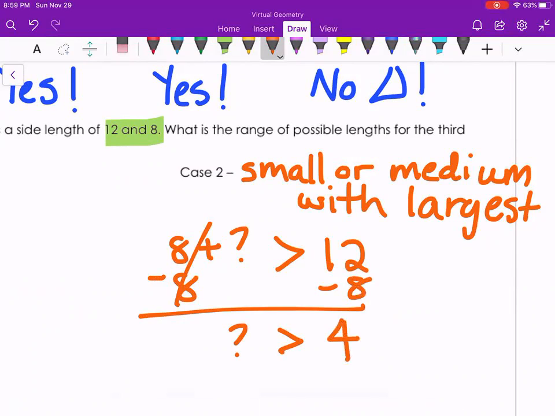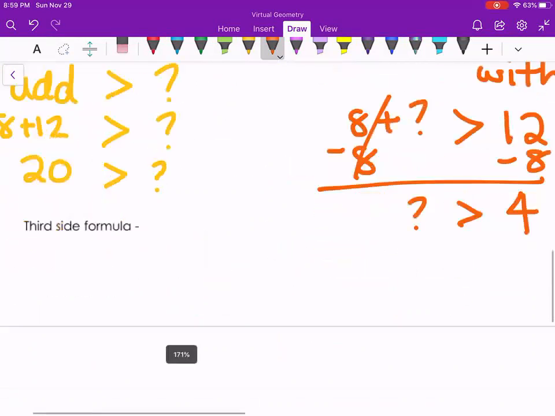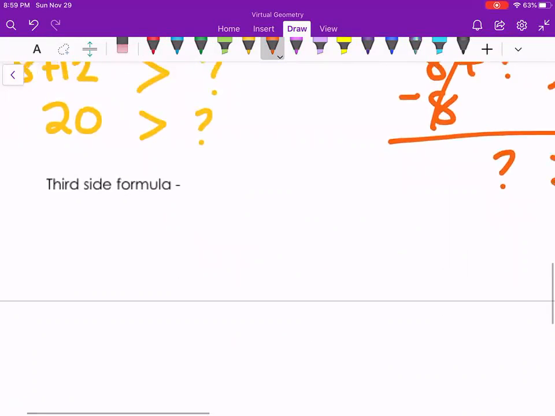So let's see if we can come up with a formula to help us remember this process. And I call this the third side formula. So we are looking at to find this missing side. So x is the missing side.